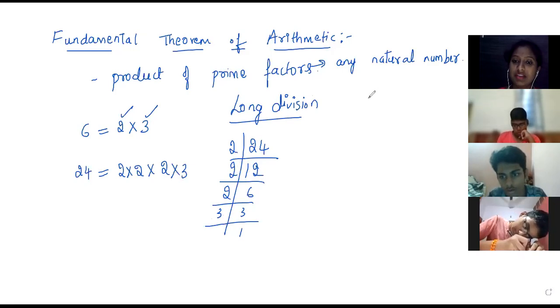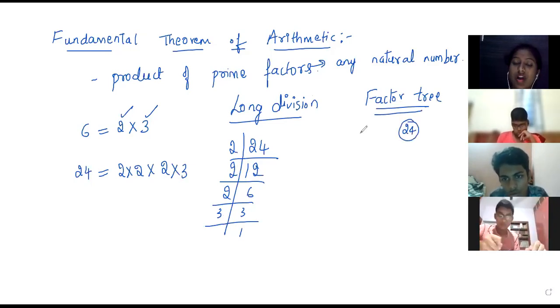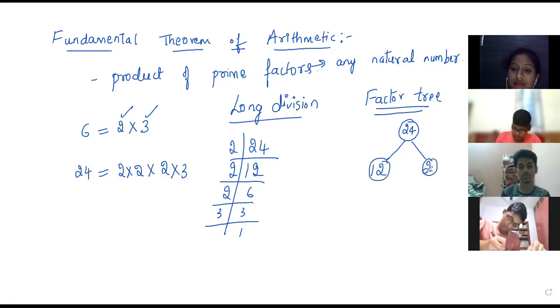And the factor tree method is: we have 24 here. This is called the root number. You split it, let's say, 12 times 2 is 24. Then 2 is a prime number, so that's the end there.